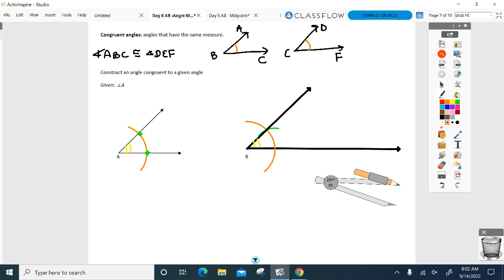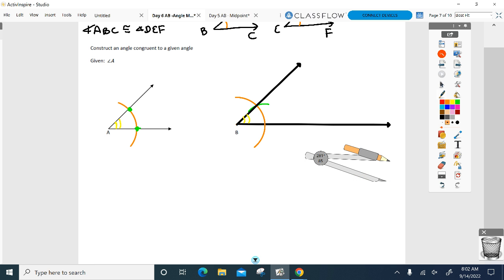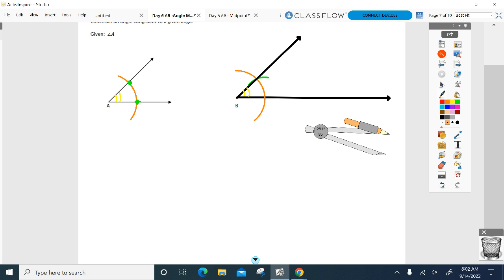All right, I want you to practice now. Somewhere on that page, you've got plenty of white space. Draw your own angle, just freehand it right now. Start yourself off with a ray and see if you can copy that angle. I know the steps are a lot to remember.